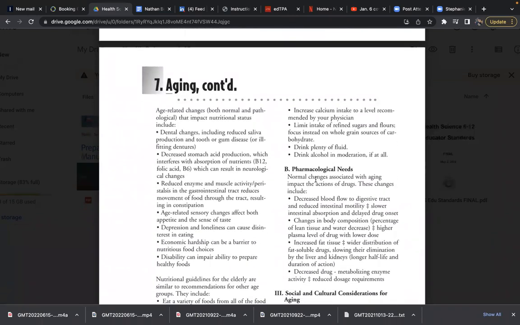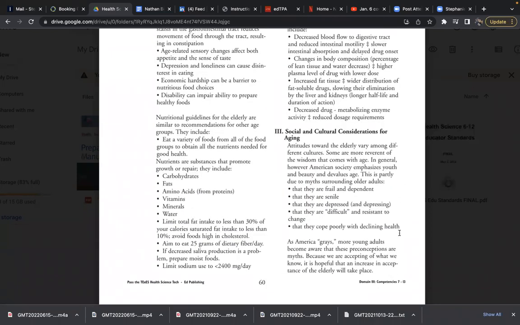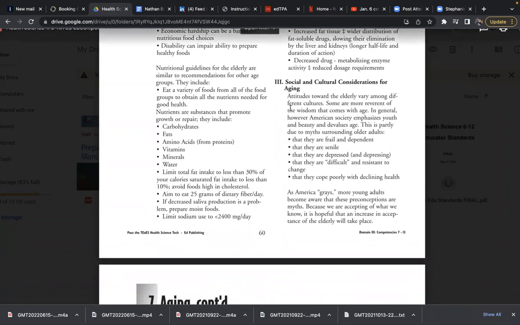The pharmacological needs that are needed, and how they increase as age increases, and attitudes towards the elderly, which differ among cultures. The attitude in America towards our elderly is very different than the attitude in Mexico. It is very different than the attitude in Japan or China.